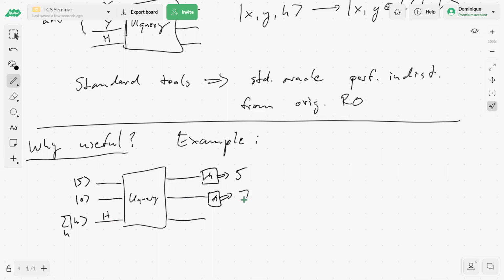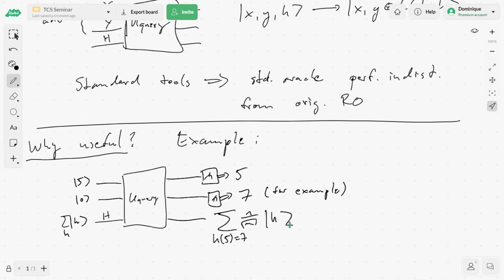And if we say we measure 7, for example, then we know what the state is here, because this projects on the superposition of all functions h so that h of 5 is 7. So the state we get here is the sum over all h's that satisfy h of 5 is 7, times some normalization factor, ket h.